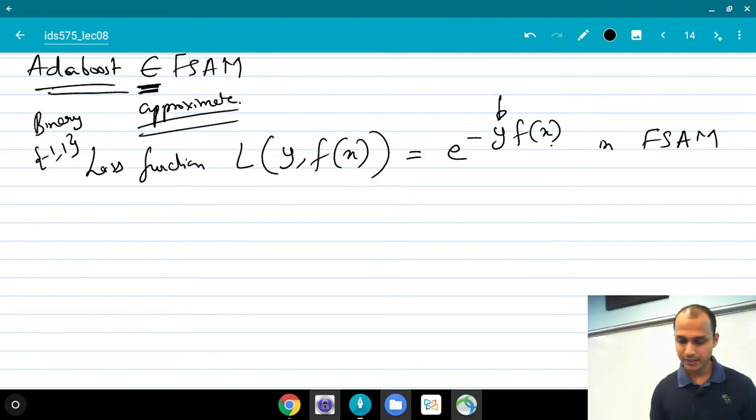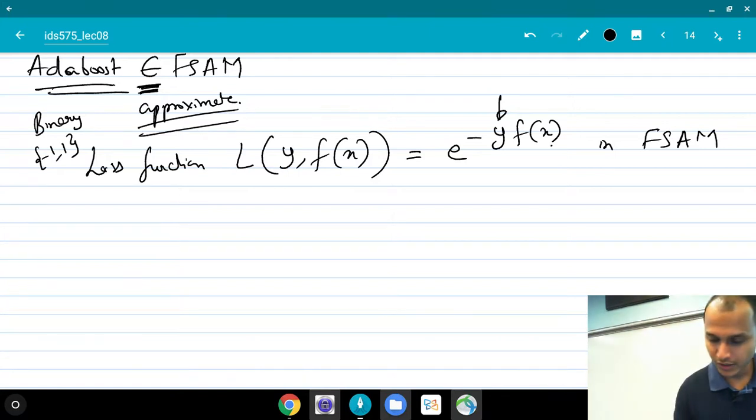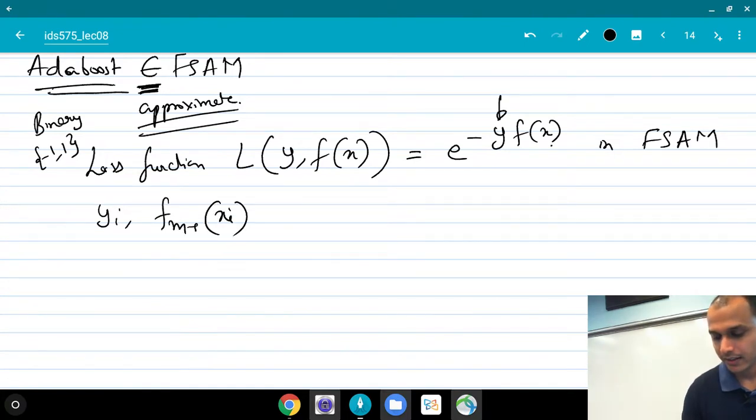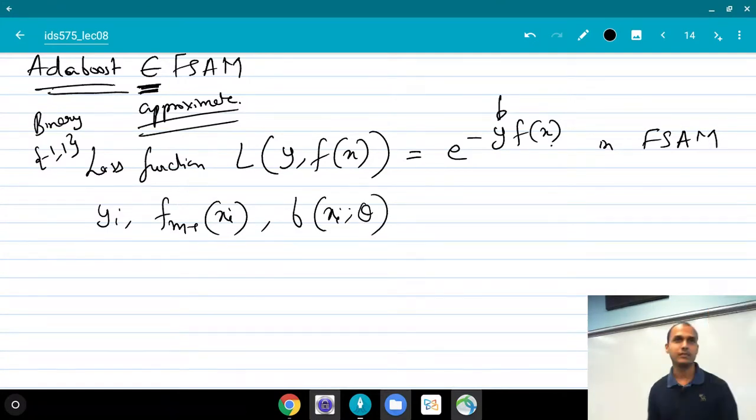If this is the loss function, you can already make an observation. Let's say I have an observation yi, and my previous models fm minus 1 of xi, and I want to figure out a new model b of xi at a parameter value theta.